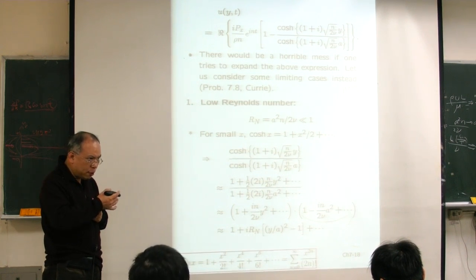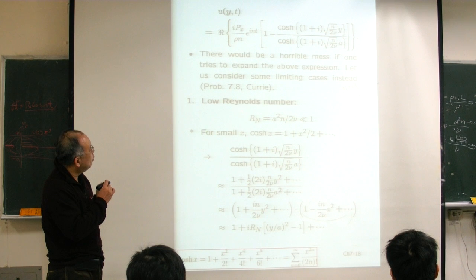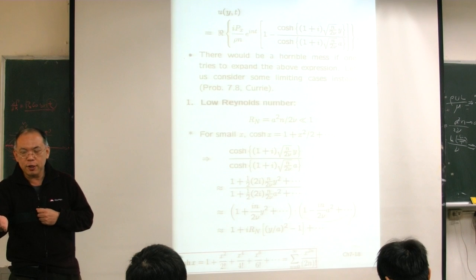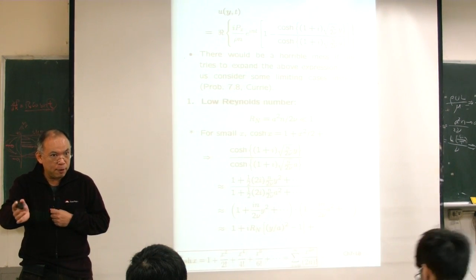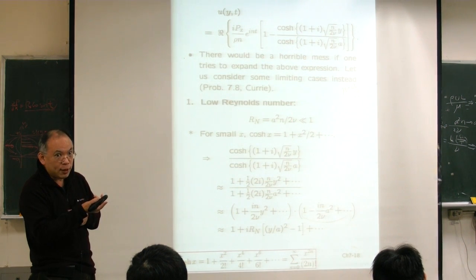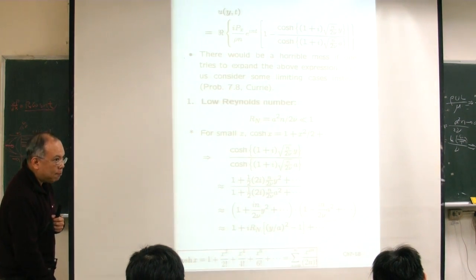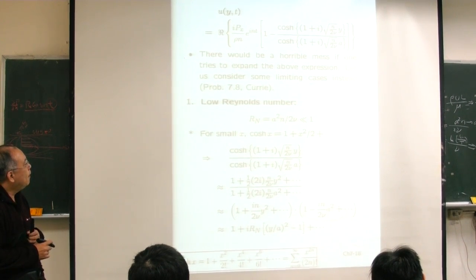One is the flow is moving very slowly, which represents the low Reynolds number. Another possibility is you change your fluid to a very viscous fluid, where our mu is huge, so this becomes smaller. So you can make the Reynolds number smaller by using these two possibilities.